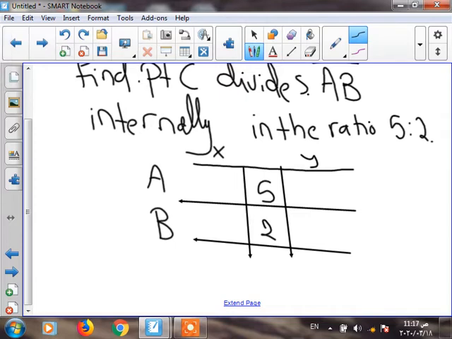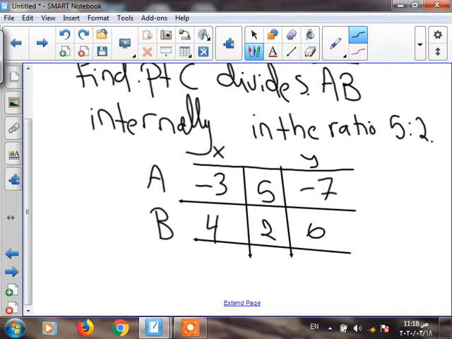Then we write the coordinates of the point A, which is (-3, -7), and B (4, 0). I'm going to get an ordered pair, the point of division.